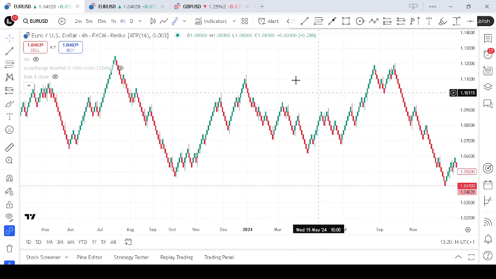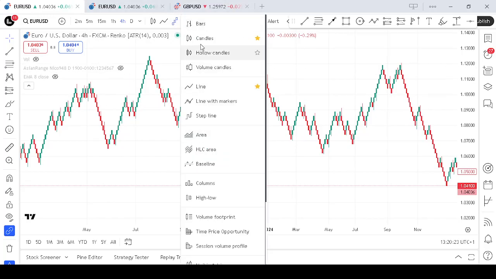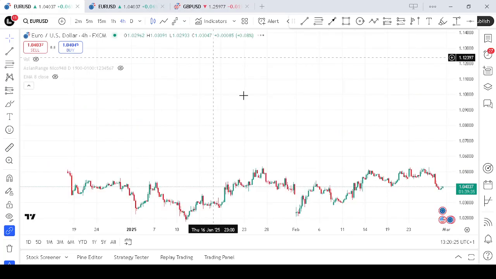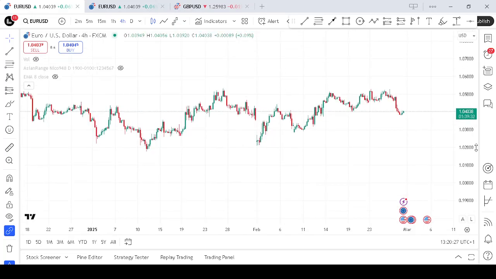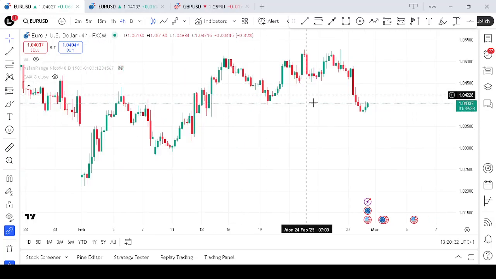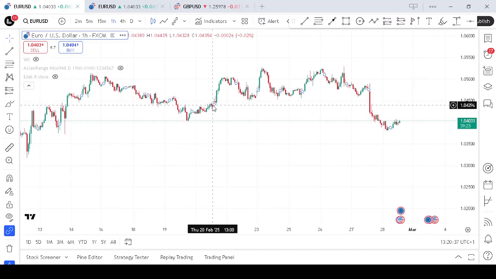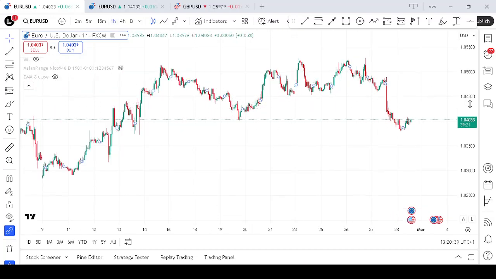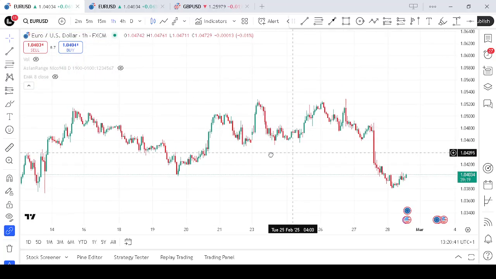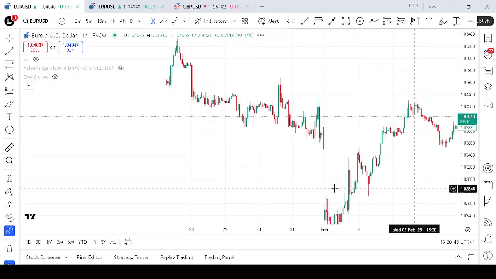Now let's show an example, because I'll change this back to Japanese candlestick and we'll look for an area. Then we'll look for an area where price is clustered. Let's go to the 1 hour. As we look at this price action, let's look for a good area.